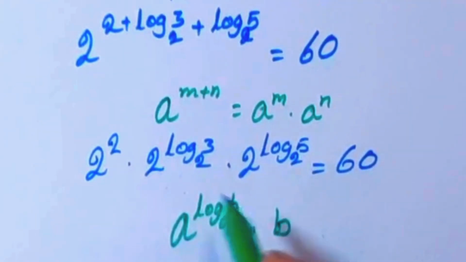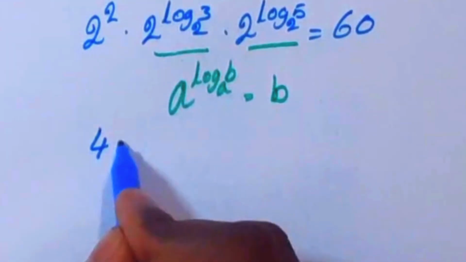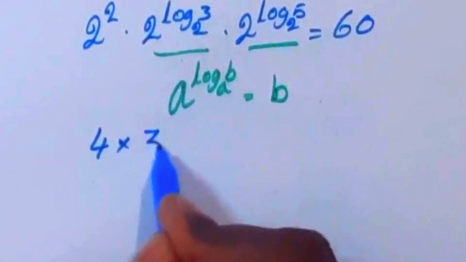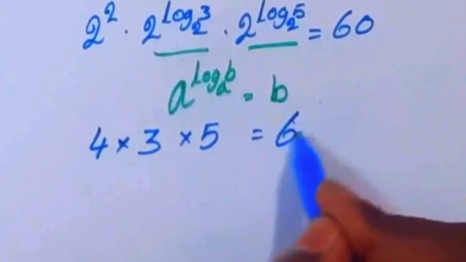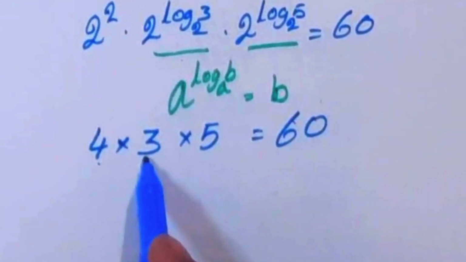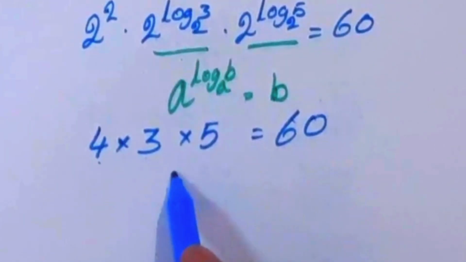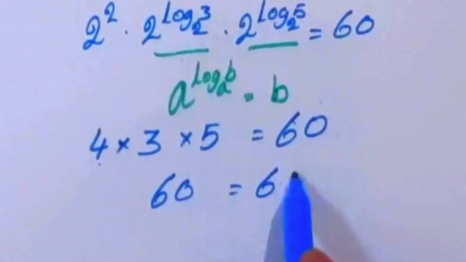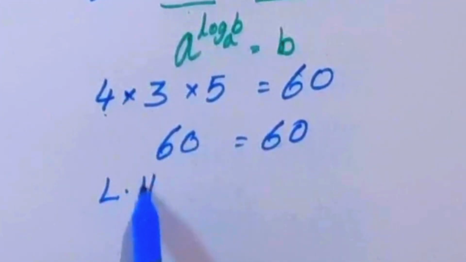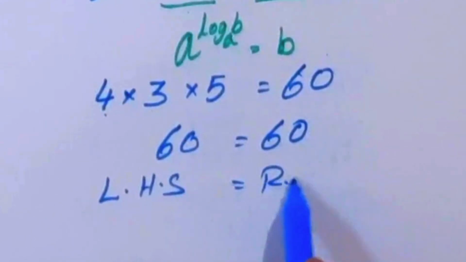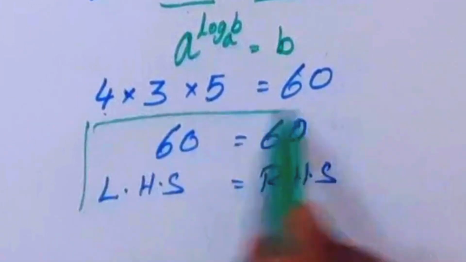So 2 power 2 is 4, times 3, times 5, equal to 60. 4 times 3 is 12. 12 times 5 is 60. 60 equal to 60. So LHS equal to RHS. This is verified.